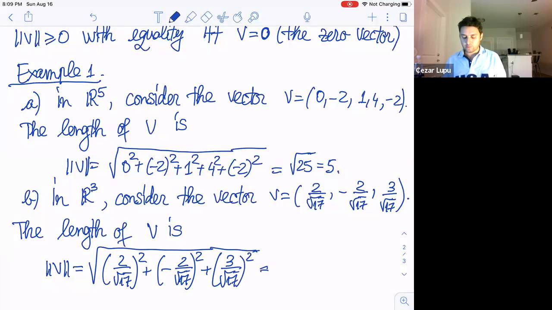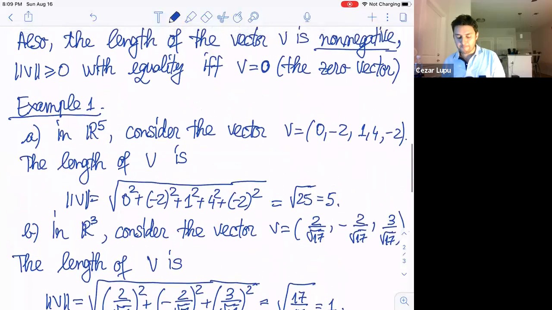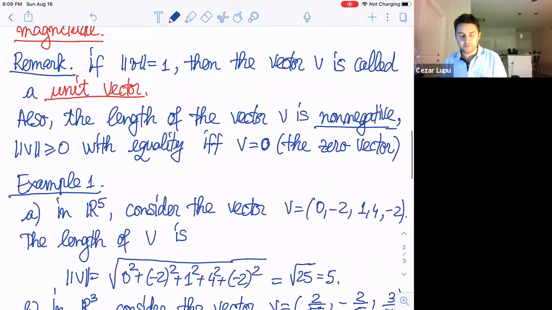You have a square root of 17 in each, so this is just the square root of 17 over 17, which is 1. So v is a unit vector. We have seen previously that a vector whose norm equals 1 is called a unit vector.